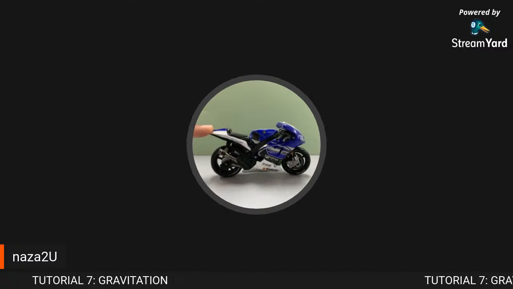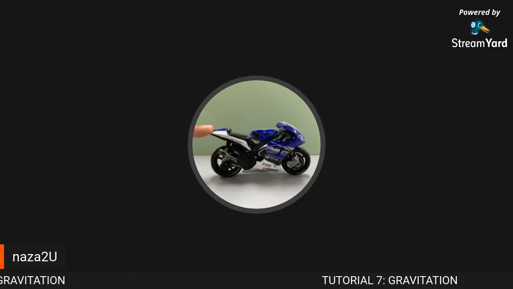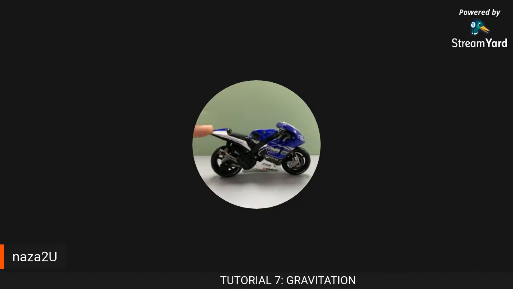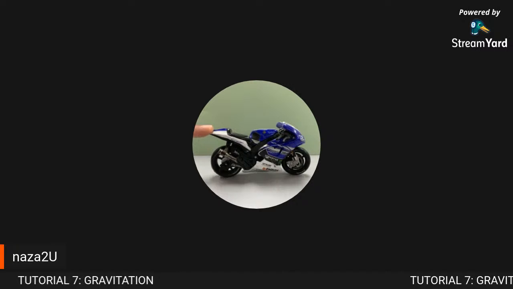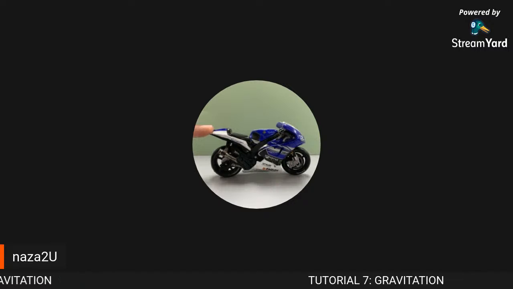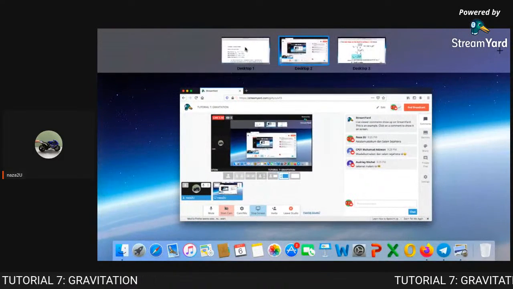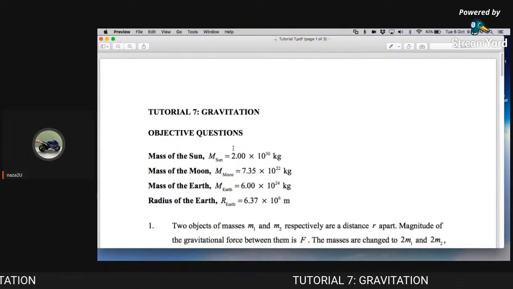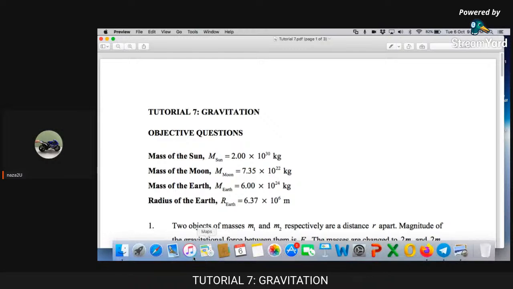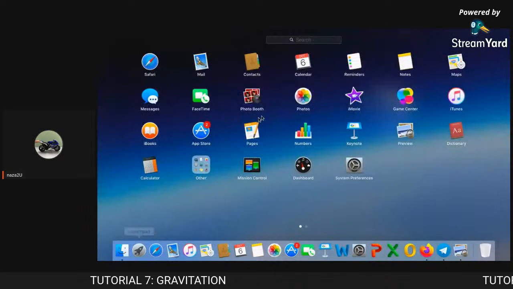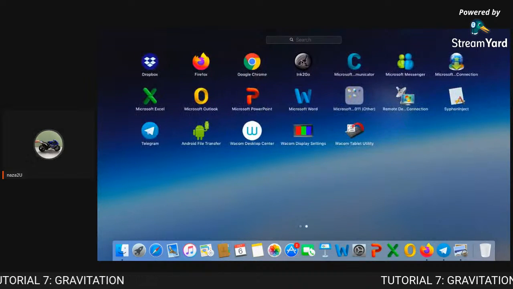Okay, saya akan share screen dulu sekejap ya. So the topic for tutorial 7 is gravitation, right?